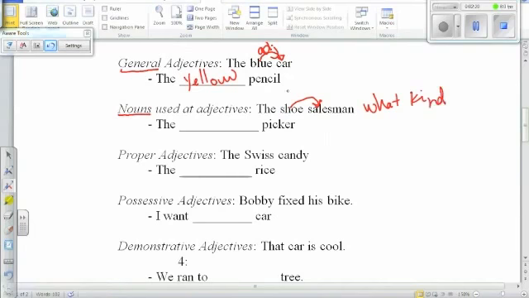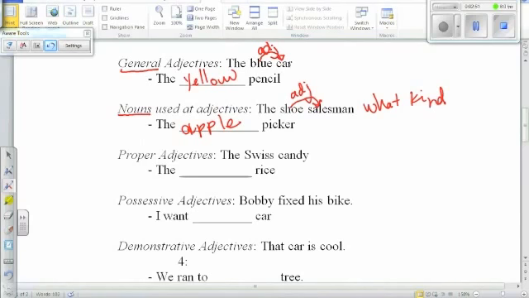So I drew the arrow and then I write ADJ above it. Other examples of nouns that also say what kind could be the apple picker. I know a lot of you are thinking this. It could also be the nose picker or the, I don't know, the pear picker. So these are all words that are nouns that can also be used to describe.